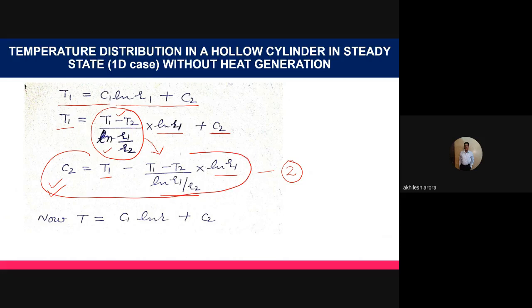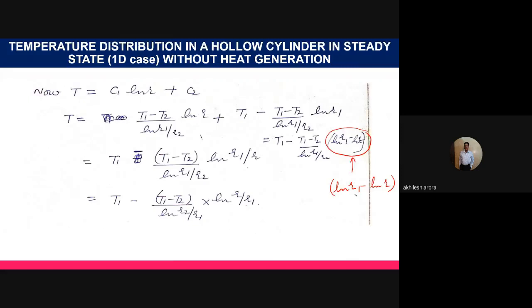So finally we now have both the values of C1 as well as C2, and this is the temperature distribution equation which we have derived after integrating the fundamental equation of Fourier's law, the three-dimensional conduction equation, after taking certain assumptions. So once we know the values of C1 and C2, we can finally get the temperature distribution.